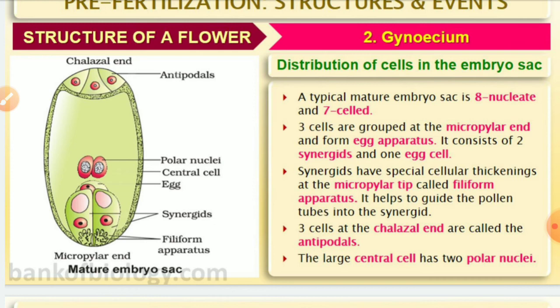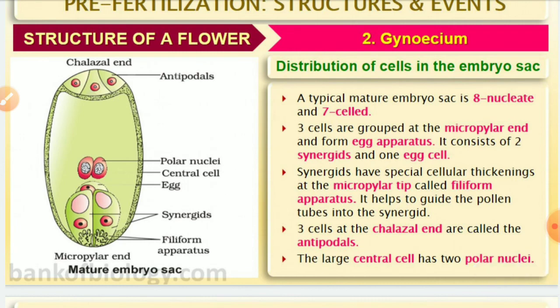You can see here, synergids have special cellular thickenings at the micropylar tip, known as the filiform apparatus, and this helps to guide the pollen tube into the synergids. And 3 cells are seen at the chalazal end. They are known as antipodals, and the center contains 2 polar nuclei. So in total it is an 8 nucleate and 7 celled embryo sac.